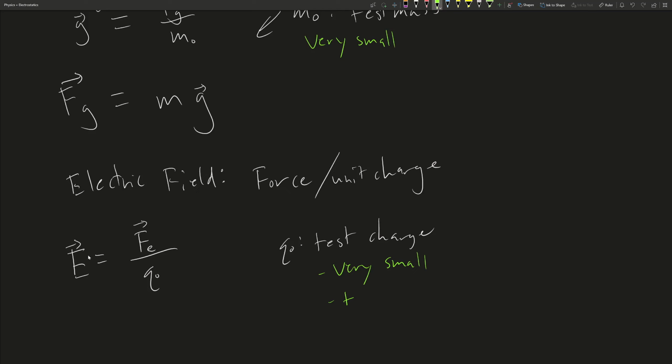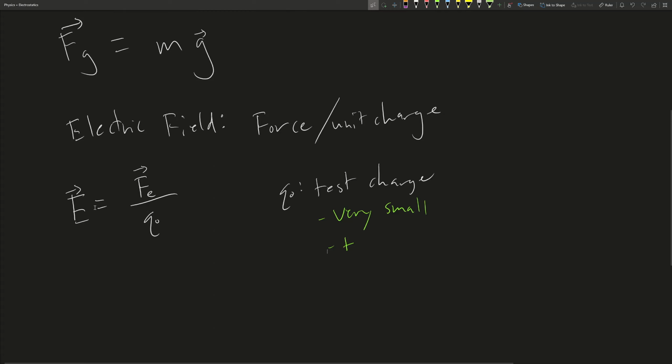The field wouldn't be in the opposite direction, but the force would be in the opposite direction for a negative charge. So for electric fields, you want a positive test charge, because the force is going to be in the same direction as this field.